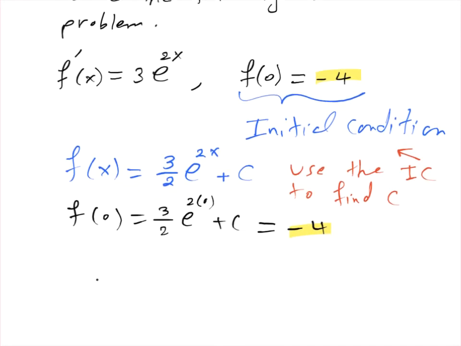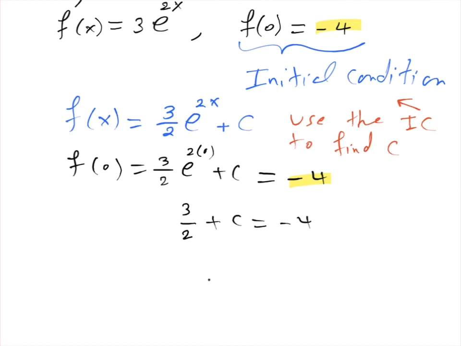So let's do that. First of all, e to the 2 times 0 is e to the 0, which is 1, times 3 halves, so this gives me 3 halves plus c equals -4. I can solve for c by subtracting 3 halves. So c equals -4 minus 3 halves.